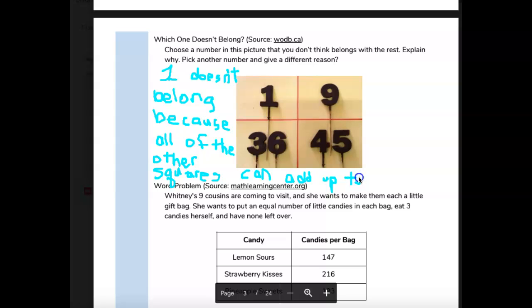I probably should have just said equal. It doesn't matter, up to 9.